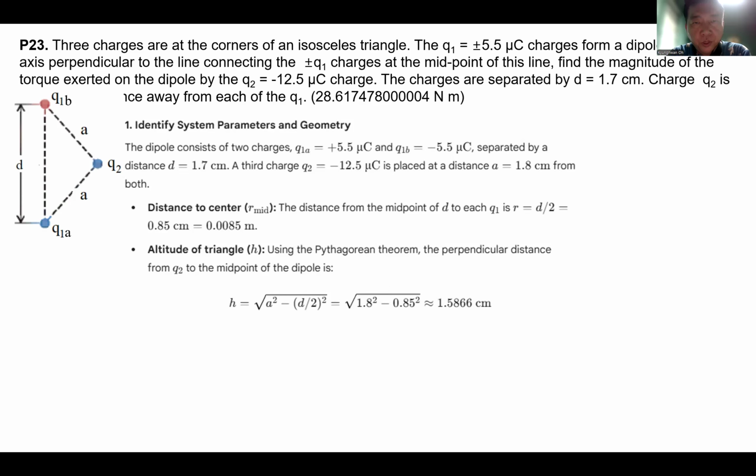The dipole consists of two charges separated by distance d. And the third charge is at 1.8 centimeters from both. And then we need to understand the situation. So we need to go back to a formula. We know that tau is p cross E.